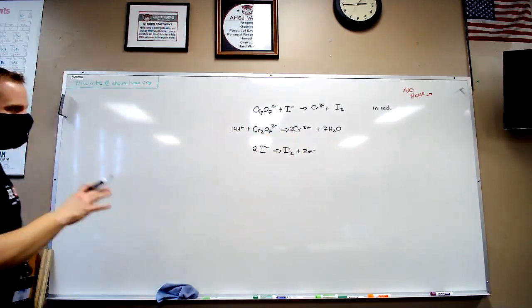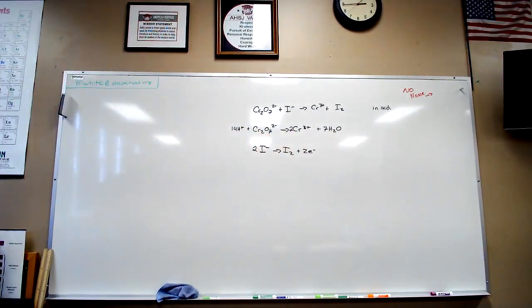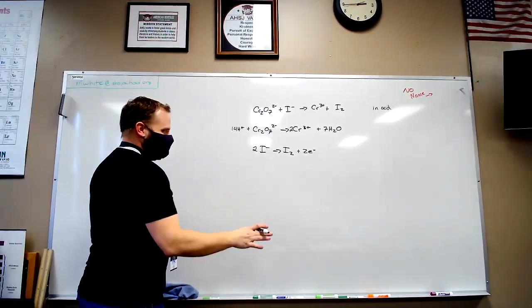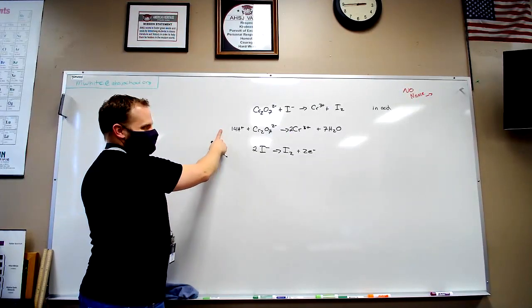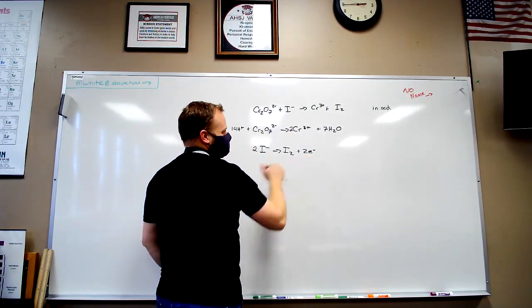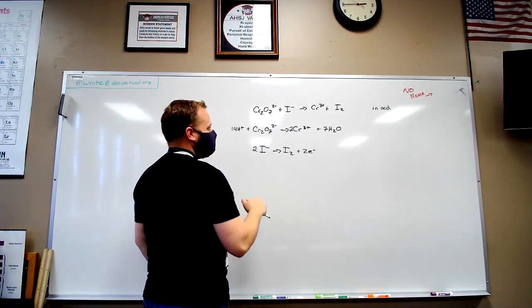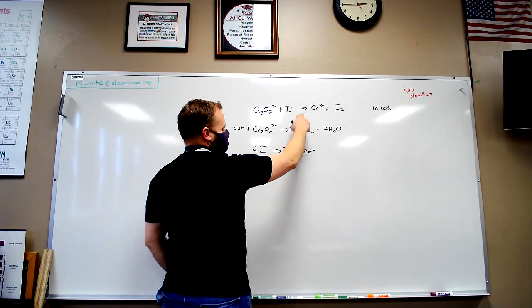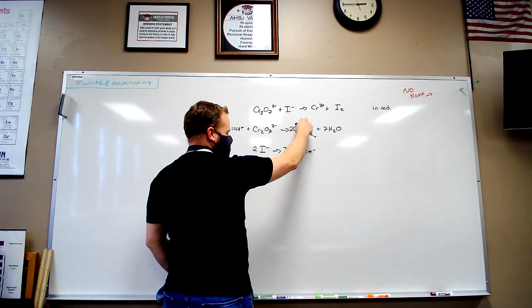So once we have that done, we look at our charges. Now, right away, I know if I'm doing things correctly, I'm going to have to add electrons over here because I added them as a product for the other reaction. So once again, we have 2 at 3 plus, so this is a total of positive 6.